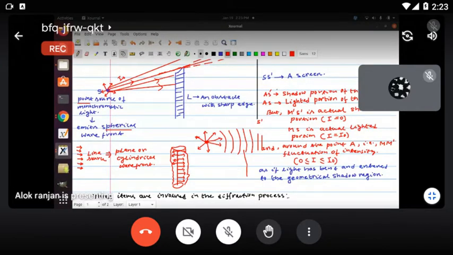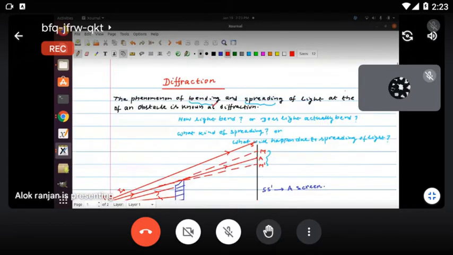It is not only entered, these are observations. Therefore, we have this statement: the bending of light. Instead of a lighted portion, you can see that from A to M prime, as if light has bent and spread around this point A, and therefore we observe the fluctuation of the intensity, which is known as diffraction.